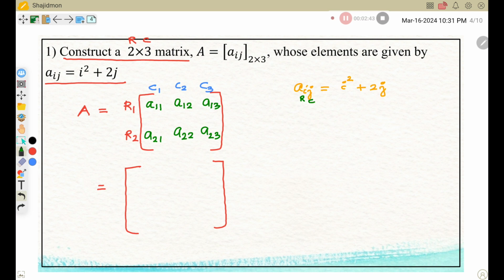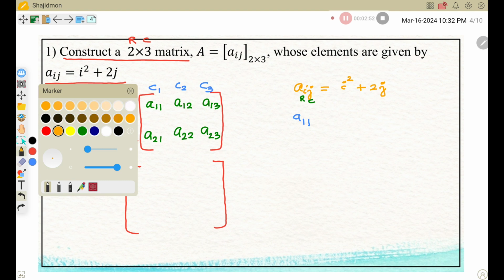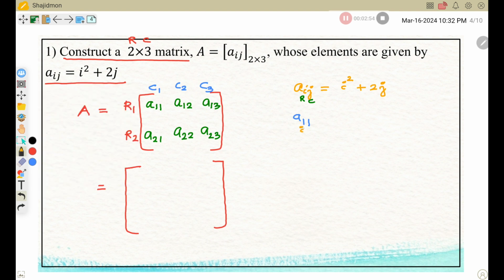For example, let me start with the first number. We need to calculate A11, correct? A11, that is Aij, so what is the i number? The i number is the first number, the row number, and j is the second number, the column number.